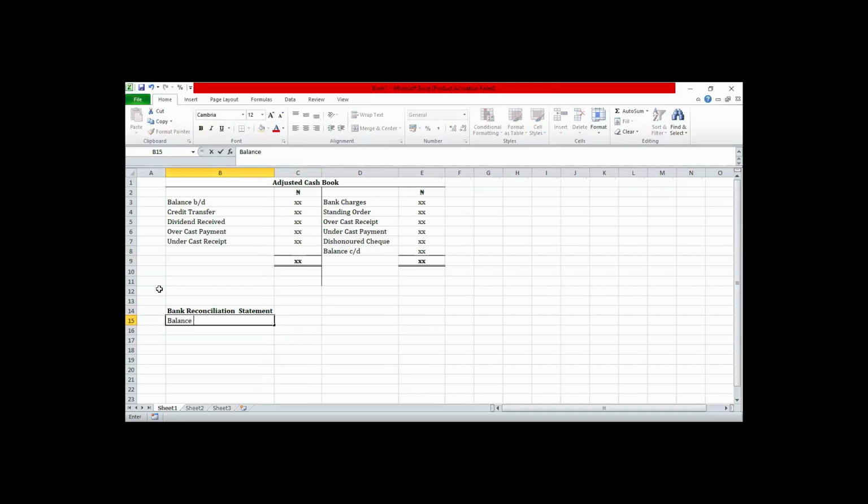Balance as per adjusted cash book. Add or deduct unpresented lodgement.